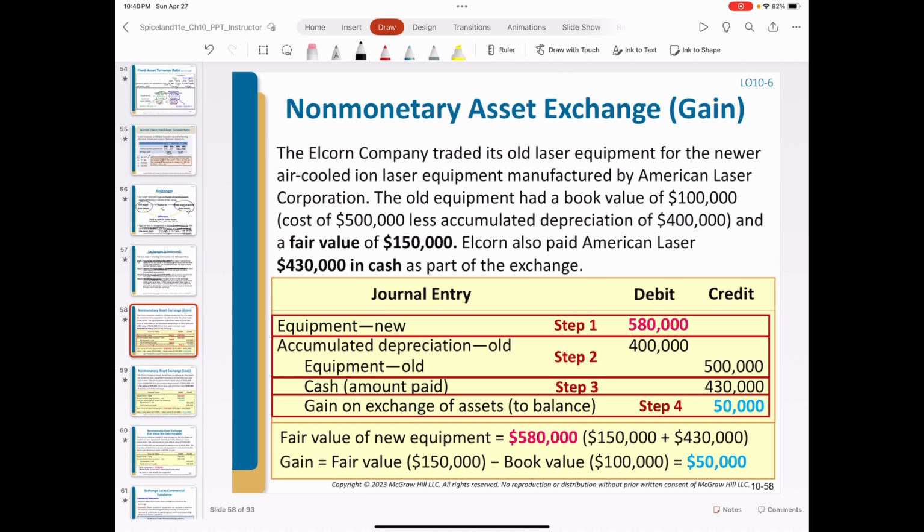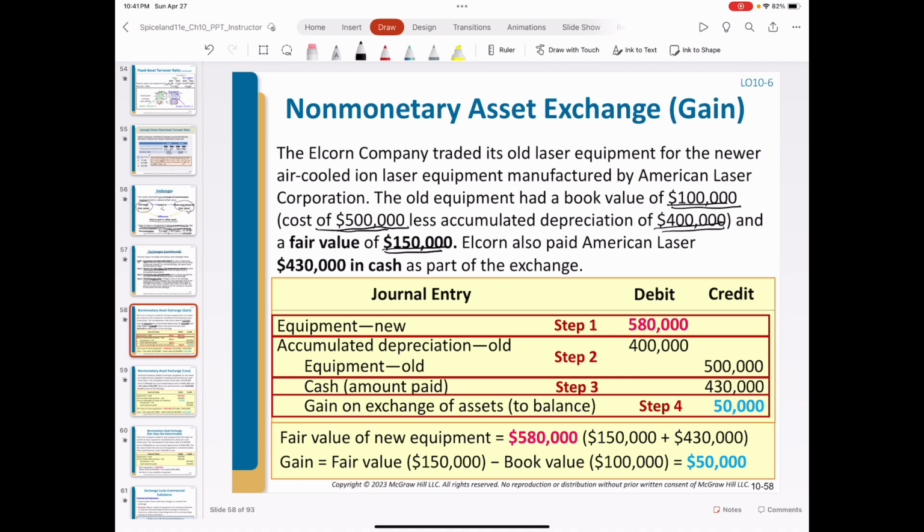You're given the book value of the old asset, $100,000, which is the difference between the cost of $500,000 and accumulated depreciation of $400,000. That's the book value, and it has a fair value of $150,000.